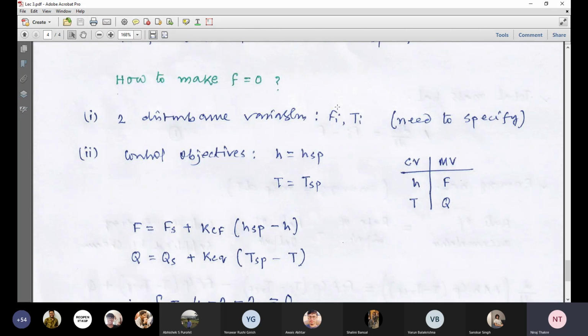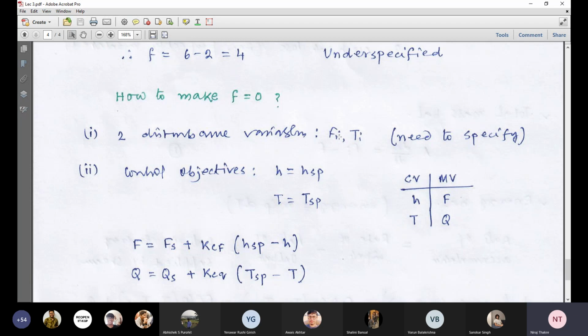This is flow rate, so you can employ any flow meter like Venturi meter, orifice meter, rotameter, pitot tube, etc. for finding Fi as per suitability. Temperature we can measure by employing any temperature sensor like thermocouple, RTD, like that. So naturally, if we know two disturbance variables, our F further reduces from 4 to 2 here.